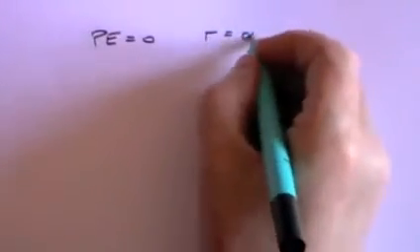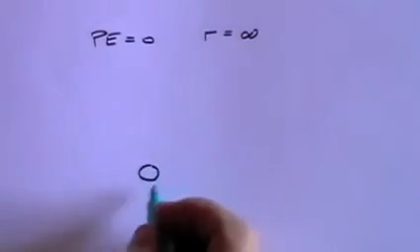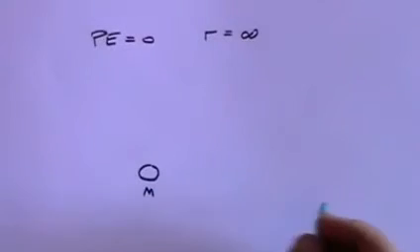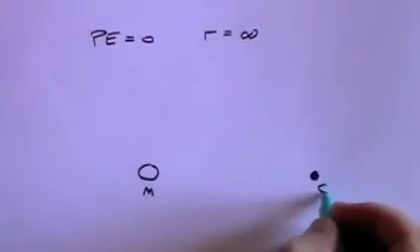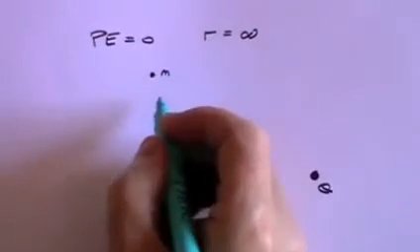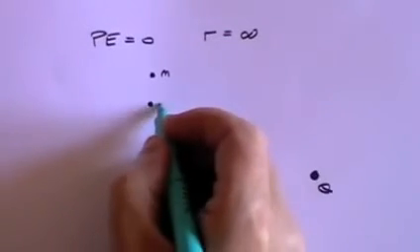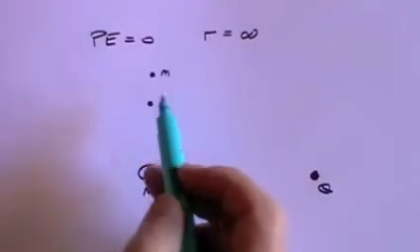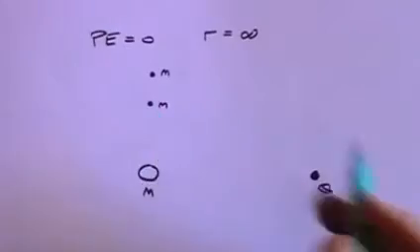For both gravitational fields and electric fields, the potential energy is zero when the distance from the object or charge is infinity. And if you have, let's say, the mass of the Earth here, and on this side we're going to have a charge Q, and you have a test mass M, which you move from here to here. So that's position 1, that's a later position, position 2.